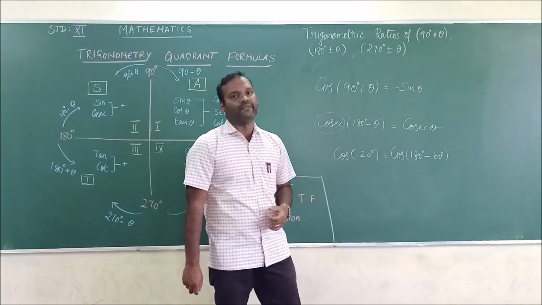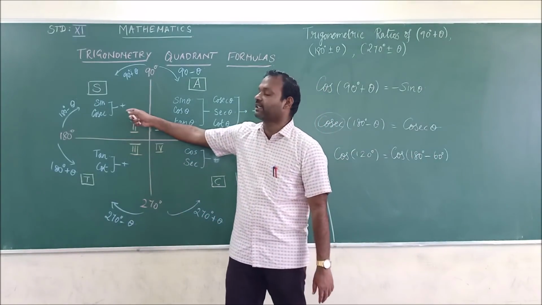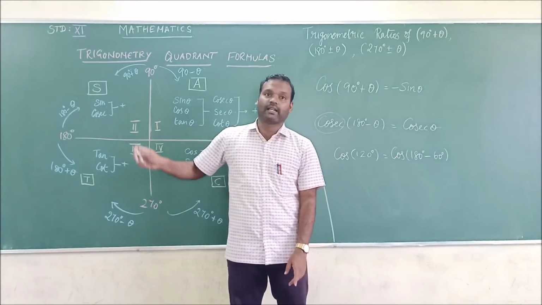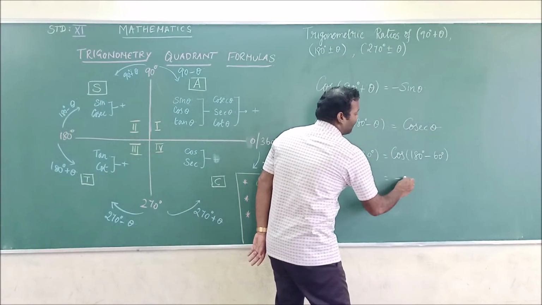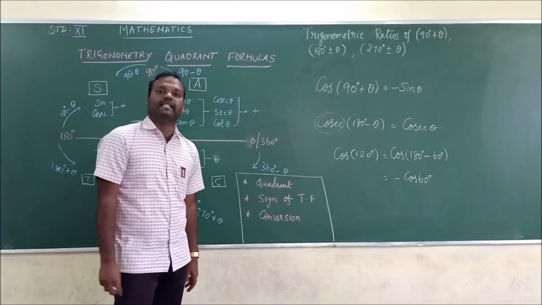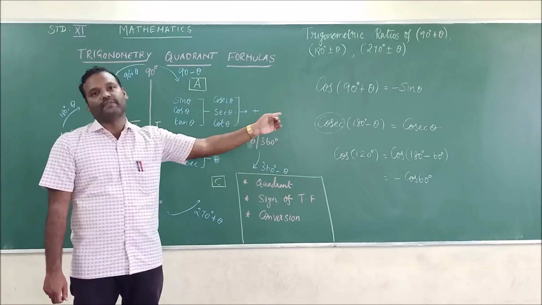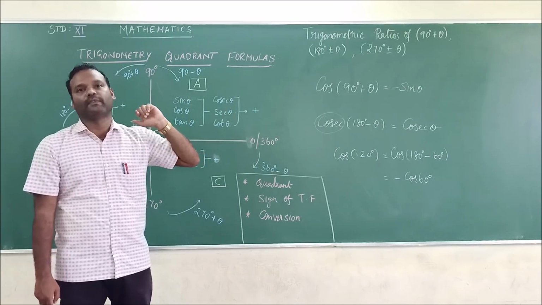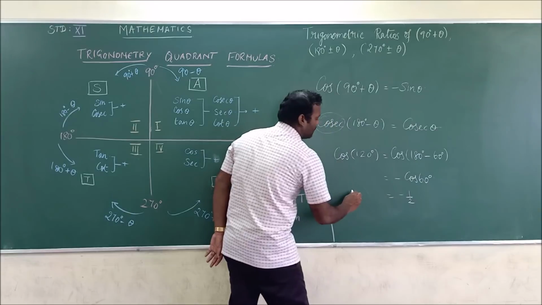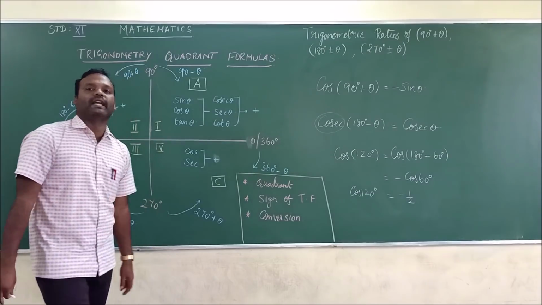Now you have to identify the quadrant. 180 minus theta lies in the second quadrant. Here you are having cos theta. In the second quadrant, cos theta is negative, and there won't be any conversion. So you will have minus cos 60 degree. What is the value of cos 60 degree? You have to look it up from the table, which is 1 by 2. So the value of cos 120 degree is equal to minus 1 by 2.